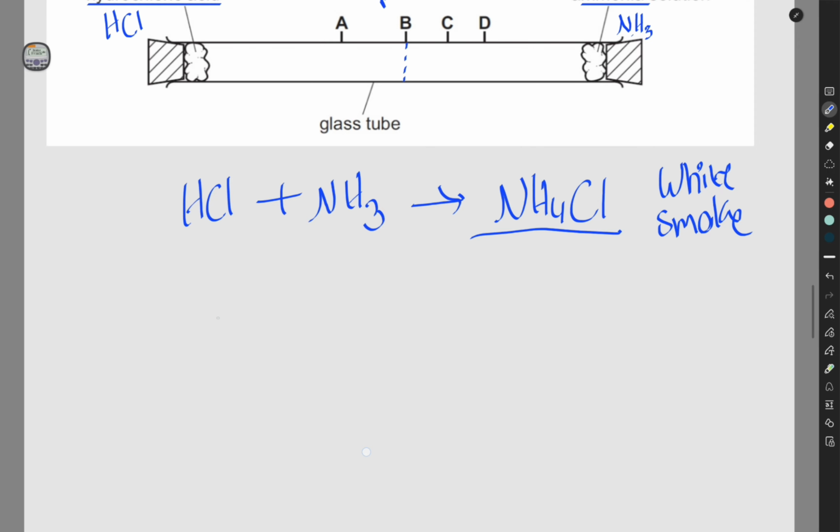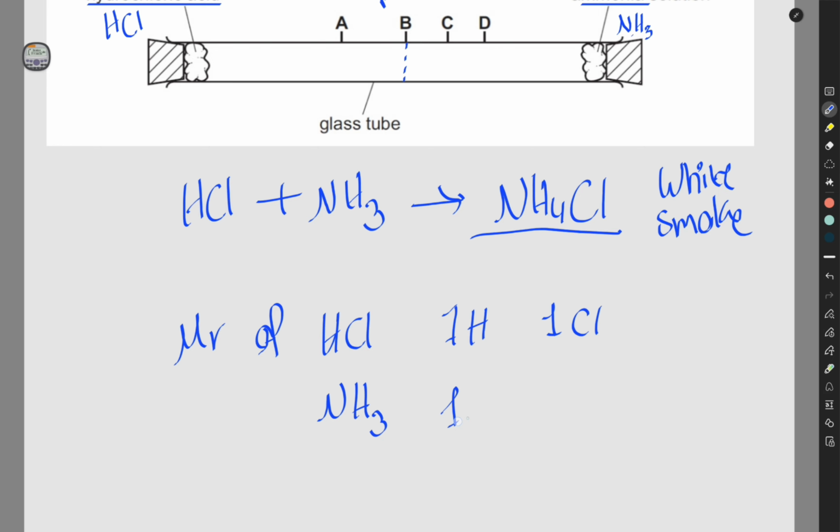So you calculate the MR of HCl and the MR of NH3. I see that there's 1 H atom and 1 Cl atom, and here I see 1 nitrogen atom and 3 hydrogen atoms.